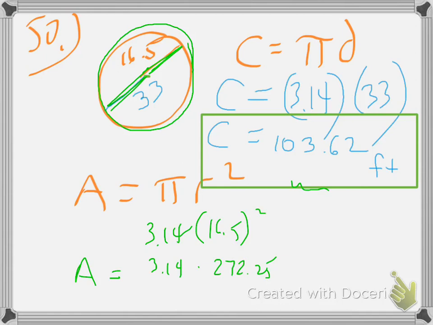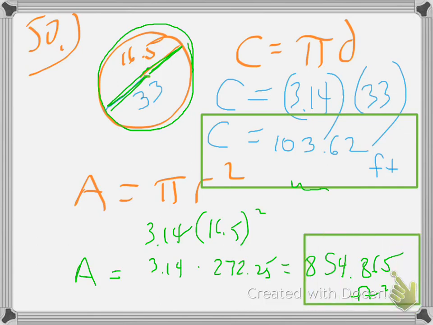Then you zap it with pi, 3.14, for a grand total of 854.865. What is this measured in? Feet squared, or square feet. And what does that mean again? It just means how much room this fills up in here.